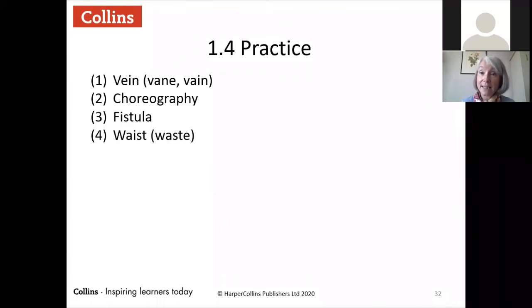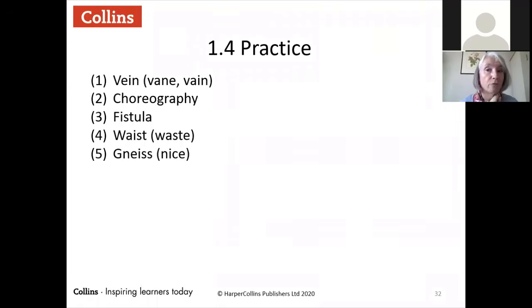And in this case, you also need the origin to give you a clue to that silent G at the front. They'll tell you it's Greek. So as we looked at when we were looking at gnome and gnosis, that G at the beginning is silent because it's from Greek. But you must also ask for the definition. You don't want to confuse it. Nice, it's a type of rock. You don't want to confuse a type of rock with a word to describe someone who's pleasant.